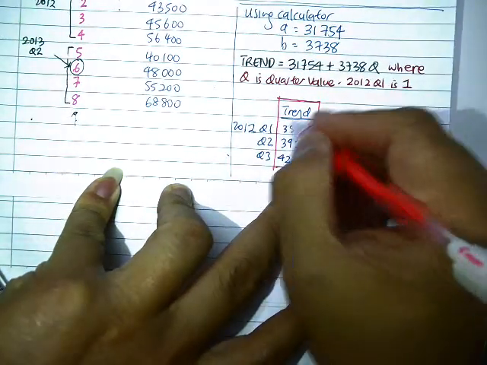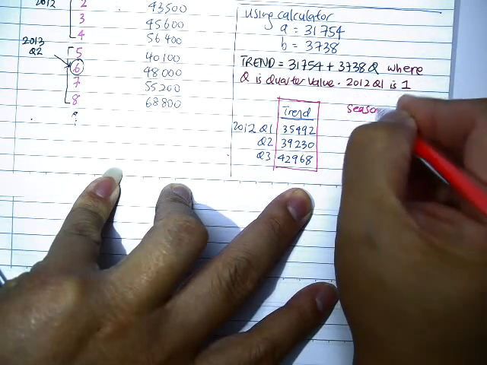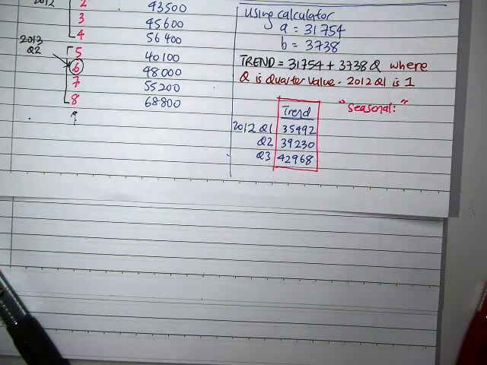And you have the trend figure from the equation. You can find seasonal variation. How to find? You either minus or you divide, depending on which model you want to use.